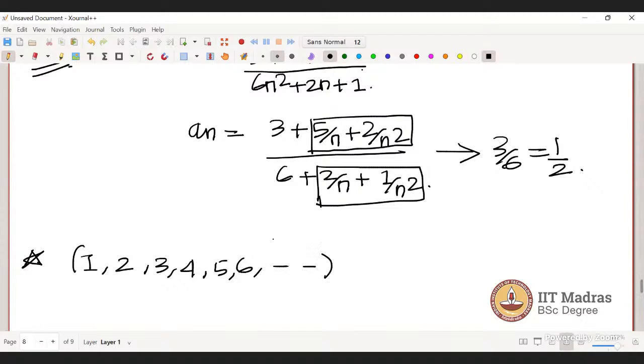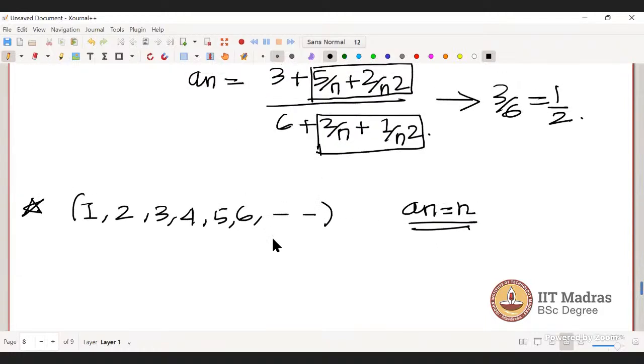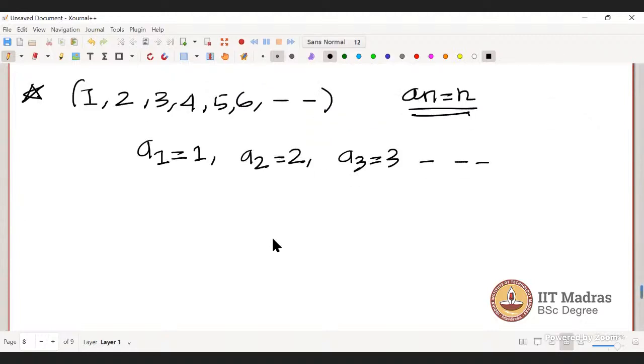Basically, the nth term of this sequence is n, right? So A1 is 1, A2 is 2, A3 is 3, and so on. So we need to find which of the following are subsequences of this sequence.